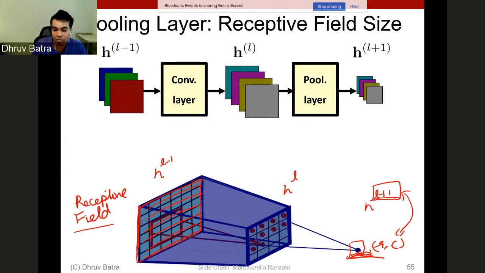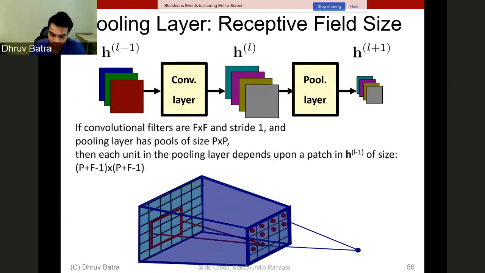Stacking of convolutions or pooling increases the receptive field. So if you have an F by F filter in the convolution layer with a stride of 1 and a P by P pooling region in the pooling layer, you get P plus F minus 1 times P plus F minus 1 as the receptive field in this new layer.